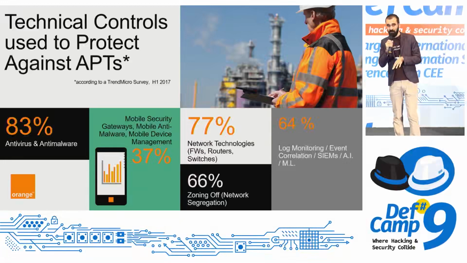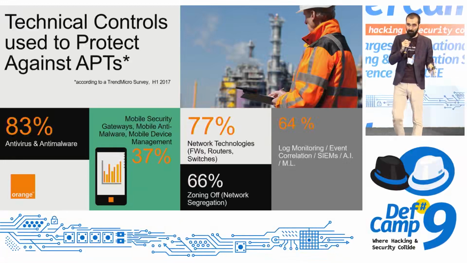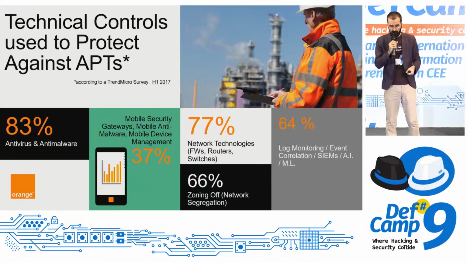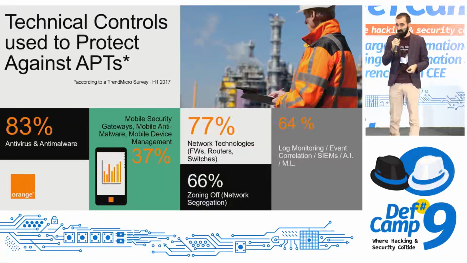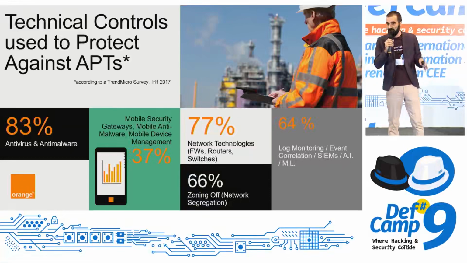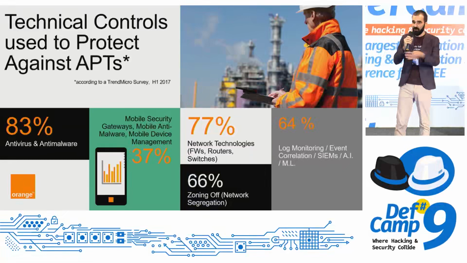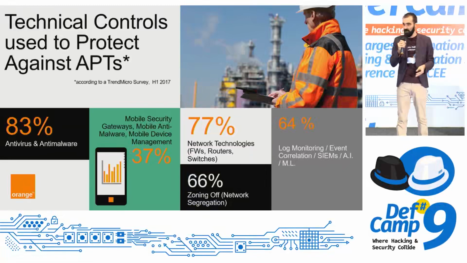Others are looking at their mobile endpoints with mobile device management and mobile security gateways. And some of them, most of them actually, are relying on the traditional borderware enforced firewalls, next generation firewalls, IPSs, IDSs, hoping that maybe they could catch a break if somebody tries to sneak into their networks.